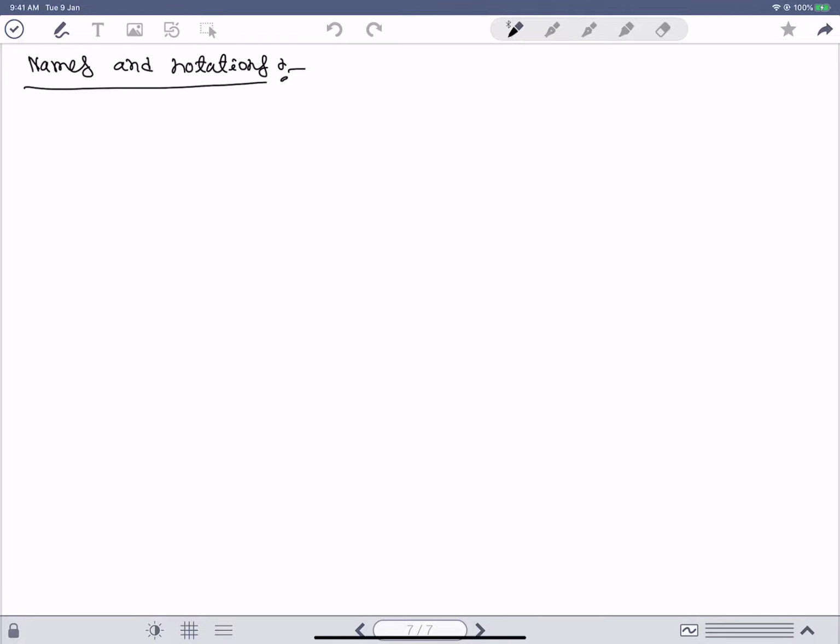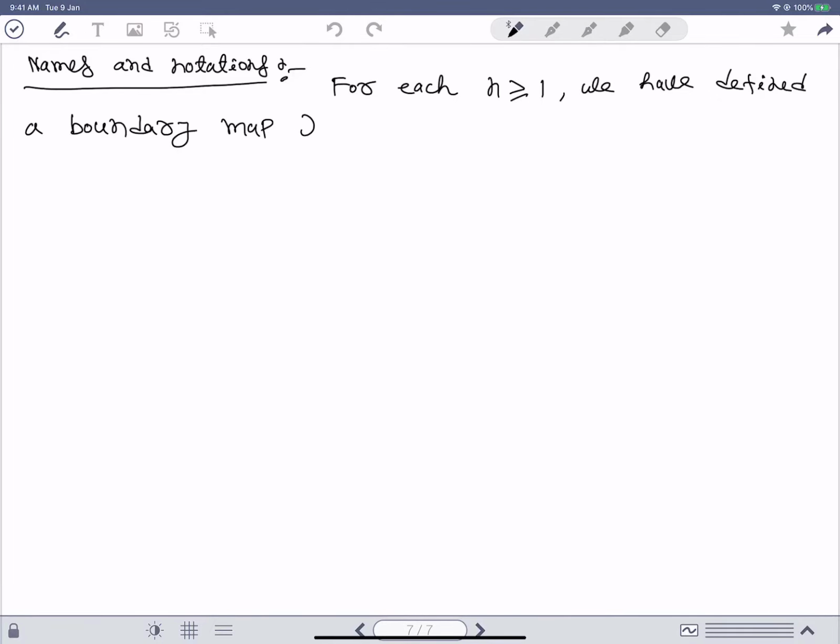First of all, for each n greater than or equal to 1, we have defined a boundary map, say del n from delta n x to delta n minus 1 x, right?